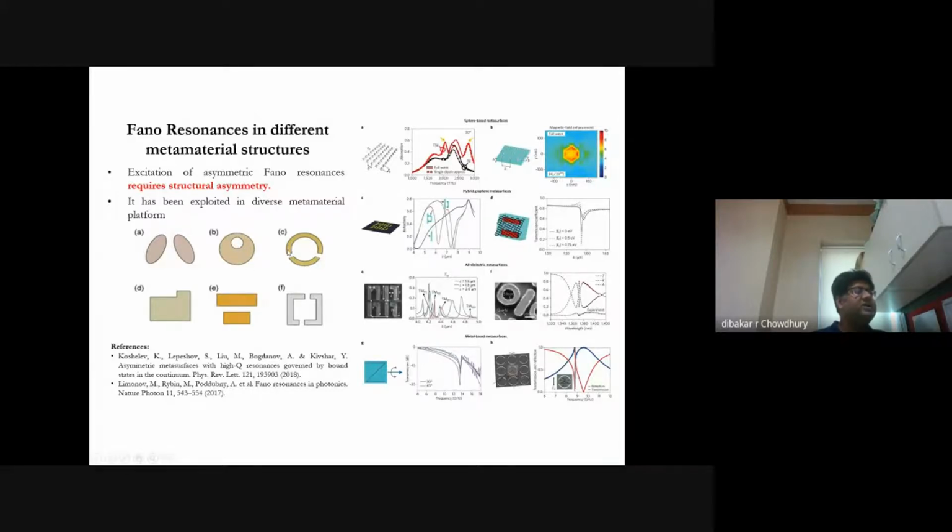So similarly here, if these cuts are at the symmetric position, let's say at the half position, separating it into two equal length semicircular resonators, then you don't see Fano. But as soon as you introduce this asymmetry, there is a chance of Fano appearing.